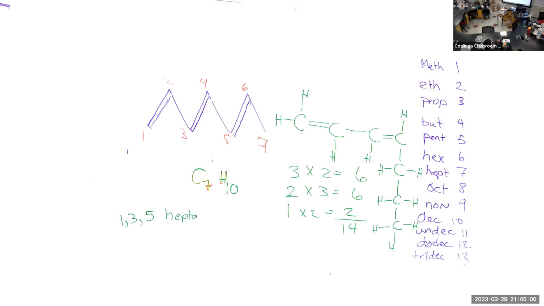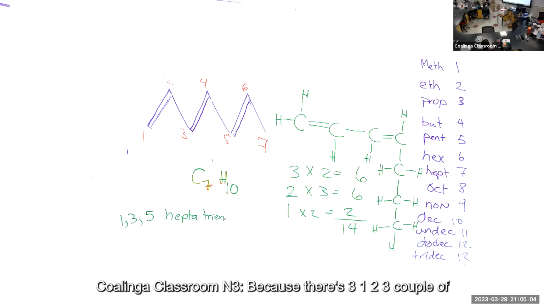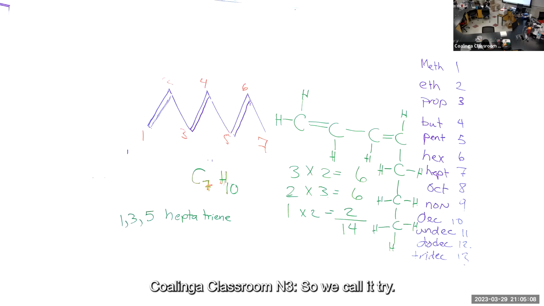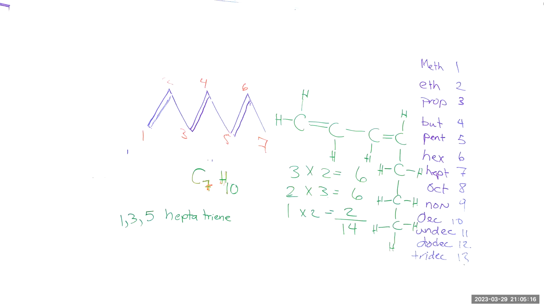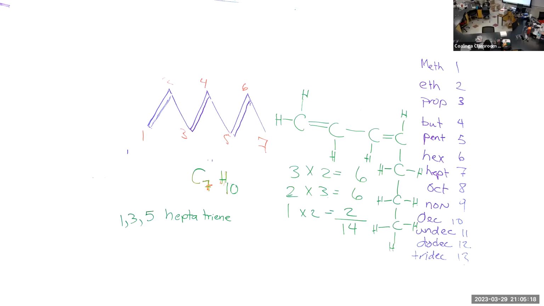Hepta. Right, because there's 3: 1, 2, 3 double bonds. So we call it triene. Keep trying. Hepta, 1, 3.